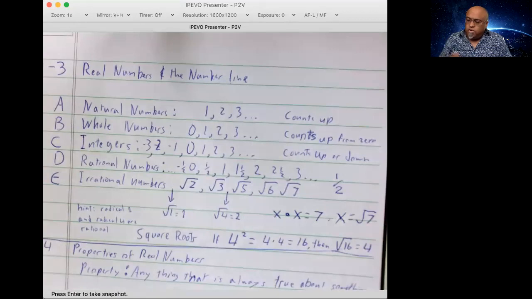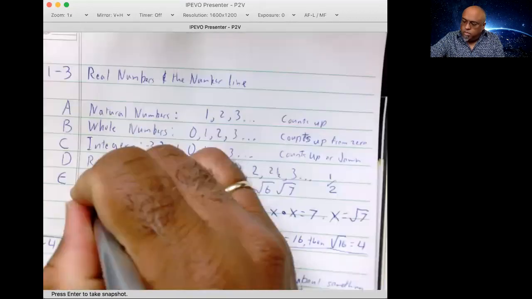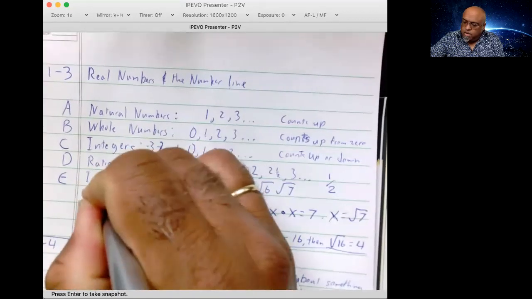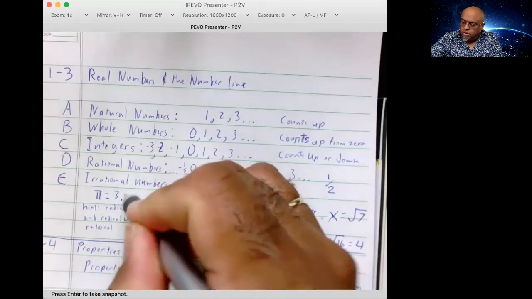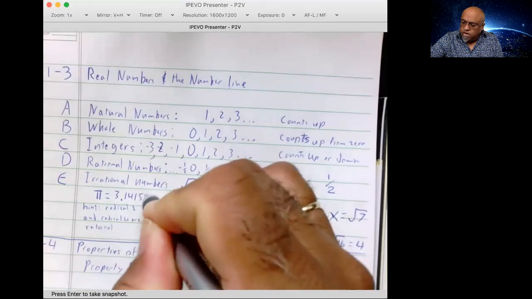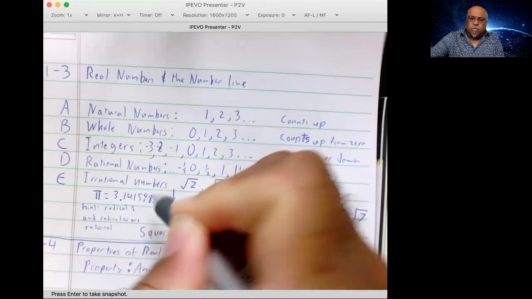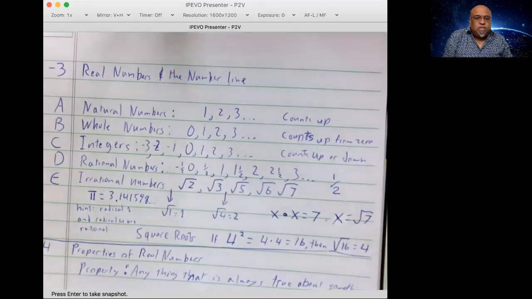A very famous irrational number is the number pi, which some of you may remember as 3.141598. And I don't remember all of the digits after that. It would be impossible because pi represents a number that literally goes on forever.